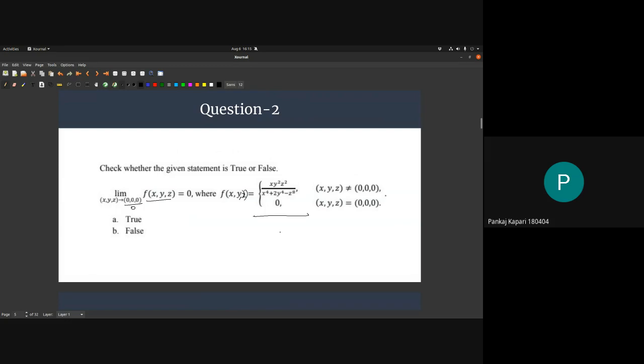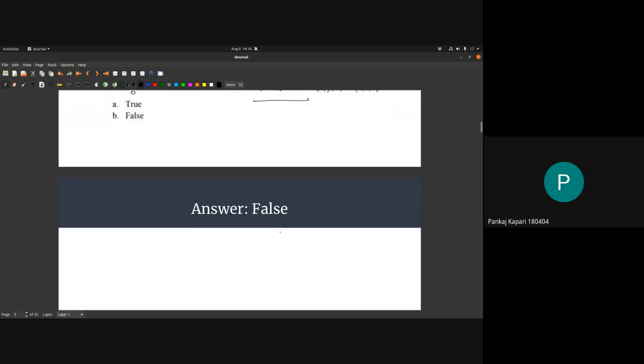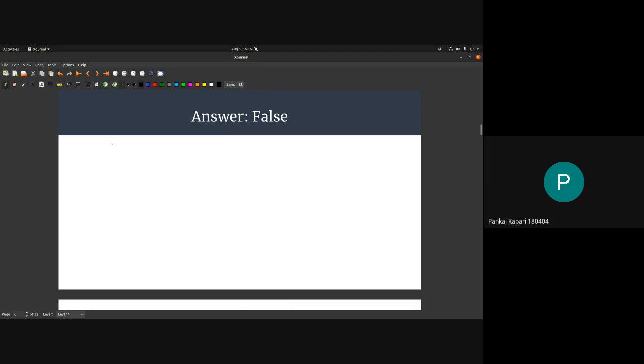We'll choose a path. This time the domain of the function is not in a plane. It's a function of three variables, so our domain of the function is a subset of R3, the space. So we'll just choose a path. Can anyone tell me which path I should choose in R3?